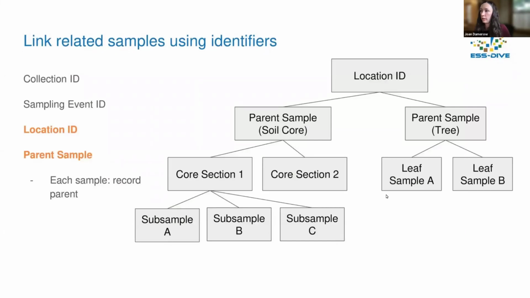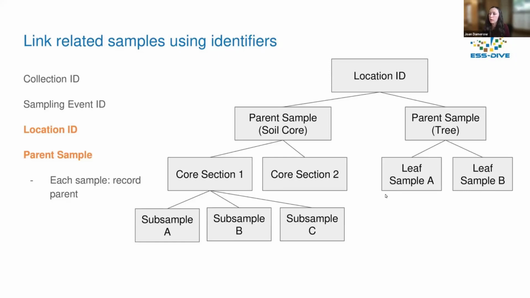And this is just a depiction of how you might link related samples using the identifiers in the parent-child relationship. This is a common, simplified version of linking different sample types based on a location ID. You may have a parent sample like a soil core that's then divided into different core sections that are taken at different depths, and then a core section may then be divided into multiple subsamples.